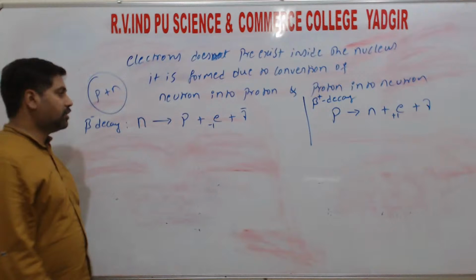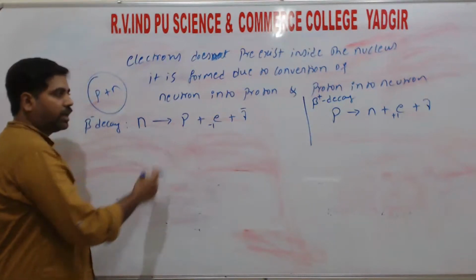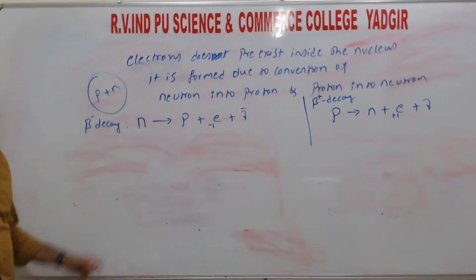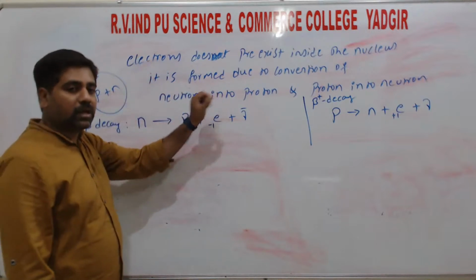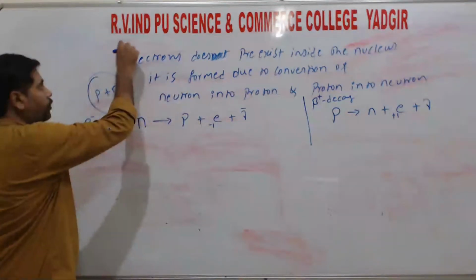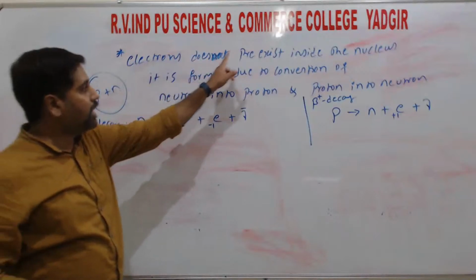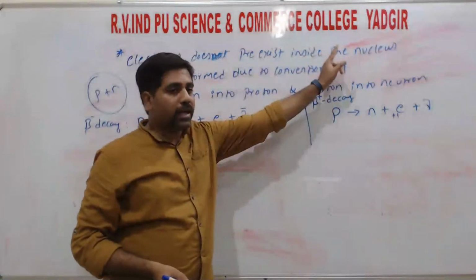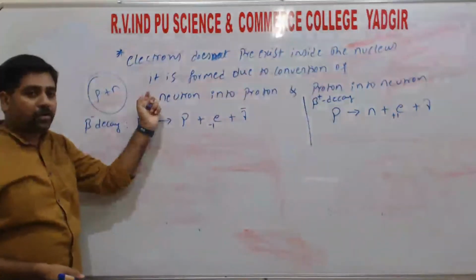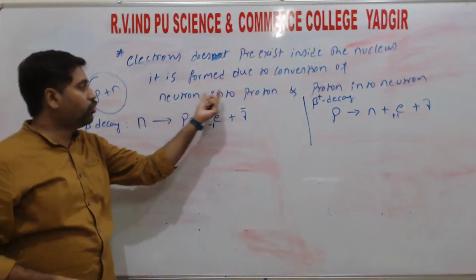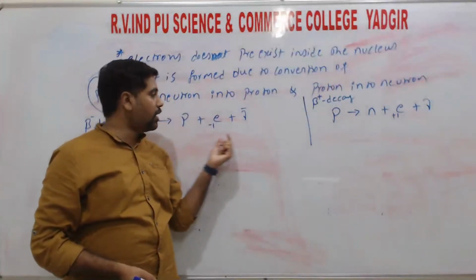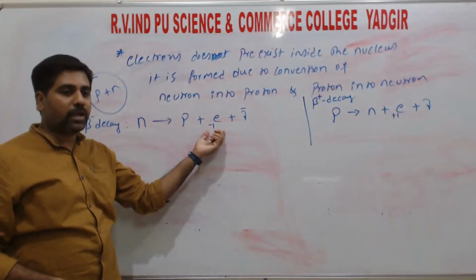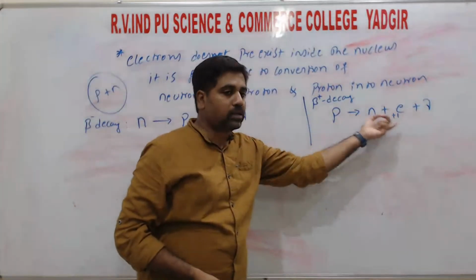They ask the reason why the nucleus emits the electron. As electron does not pre-exist inside the nucleus, it emits the electron due to the conversion of neutron into proton and proton into neutron. So that time we are getting emission of the electron and emission of the positron, right?